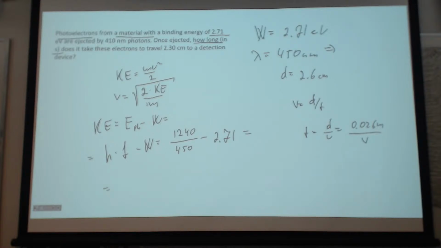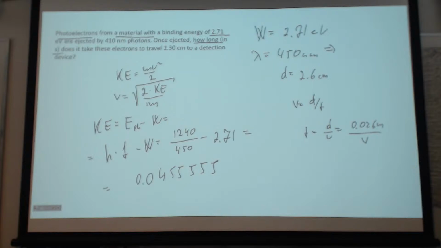Let's check our numbers. 1240 divided by 450 is like 2.75 repeating, minus 2.71. This is another possible issue, rounding up too soon.